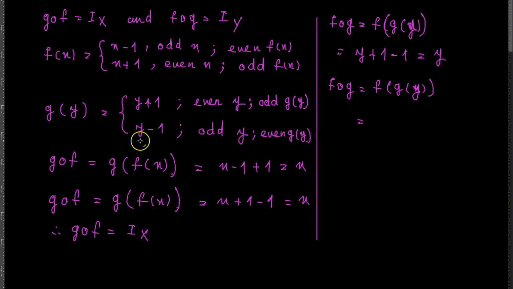An even g of y would be y minus 1. So instead of x, I write y minus 1, and then I have a plus 1 over here. So that gives me a y. So in both of these cases, as you can see, FOG is equal to y, which means that FOG is equal to I of y.